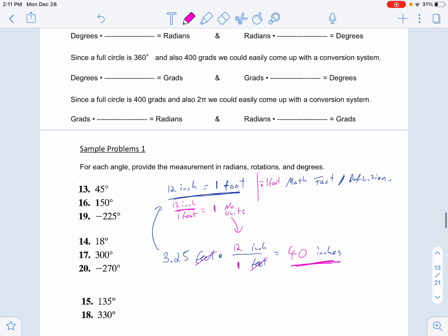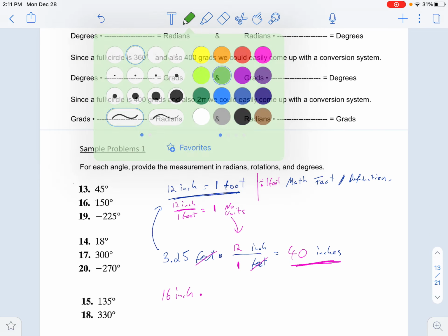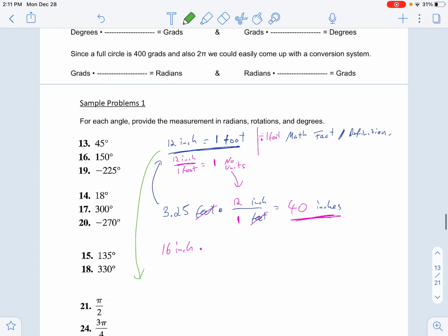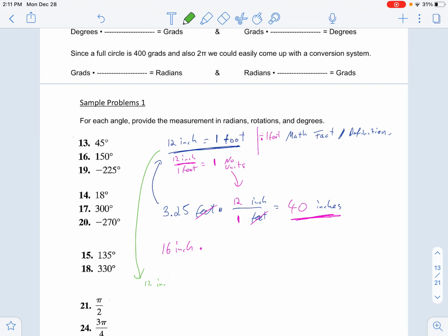Now, of course, let's say I start off with 16 inches. I would go to the same thing right here, and I would say, wait, I want something. I'm going to start off with 12 inches equals 1 foot, and I'm going to divide by 12 inches so that my 1 is now 1 foot divided by 12 inches.